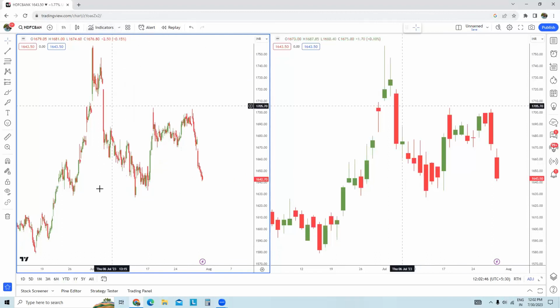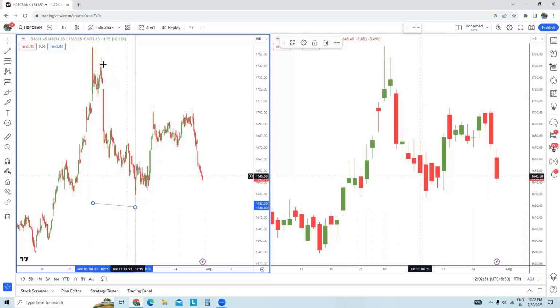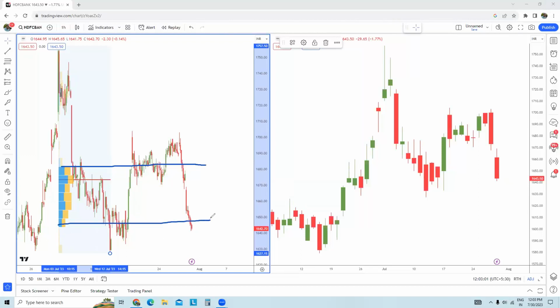In the hourly time frame charts, if I plot from the highest point to the lowest point, you can see how volumes have reacted over here. This is the zone. Now you will say that price has been able to go above this range, but still it did not react properly and it crashed down.